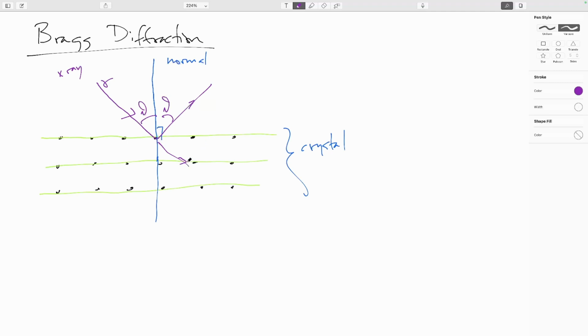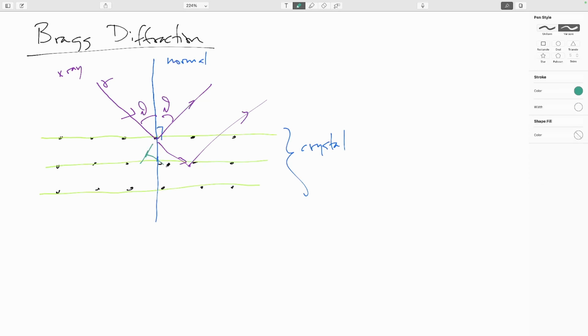That will be if I hit an atom on a different plane. So this X-ray came in, this photon came in, bounced off of this atom. This one bounces off of this atom. If that's the case, the wave properties will interfere. And what's going to matter here is the extra distance traveled.